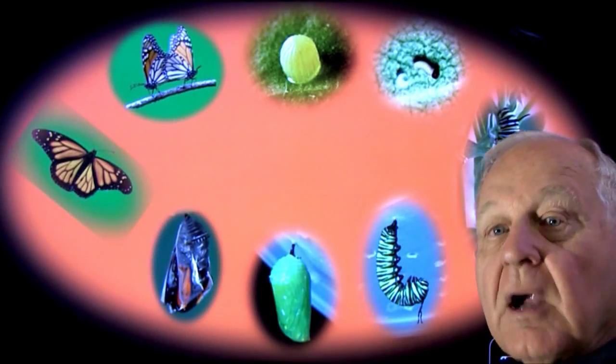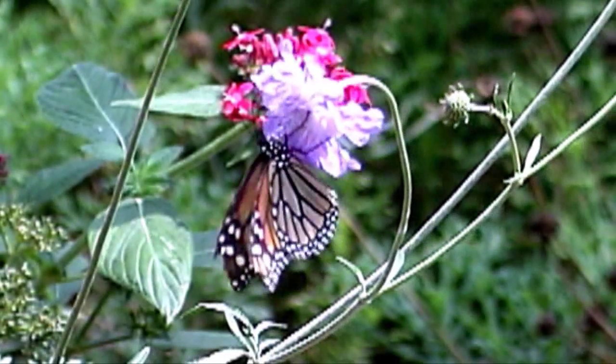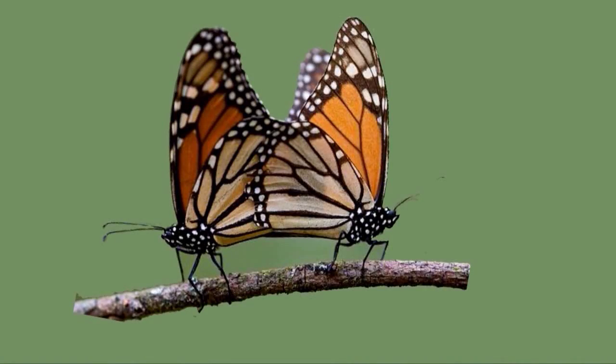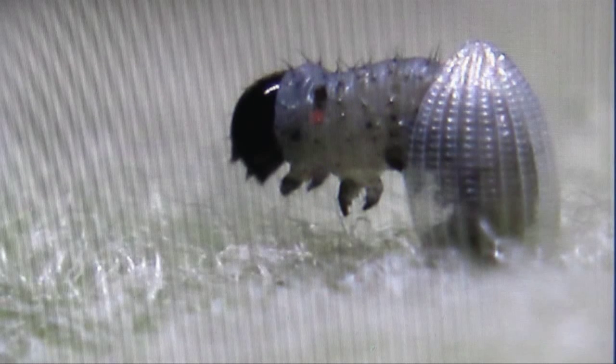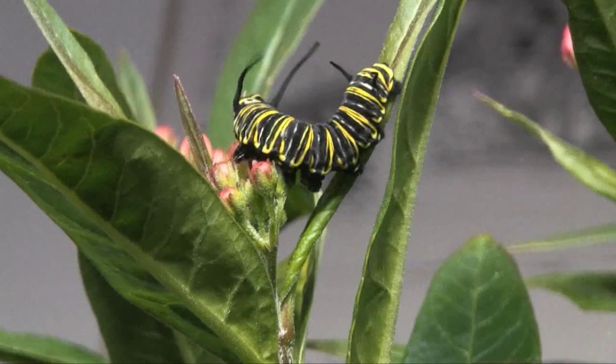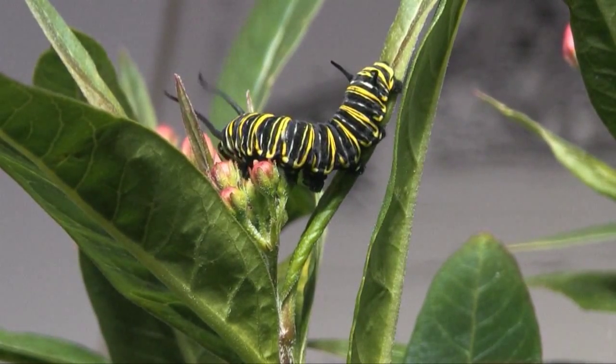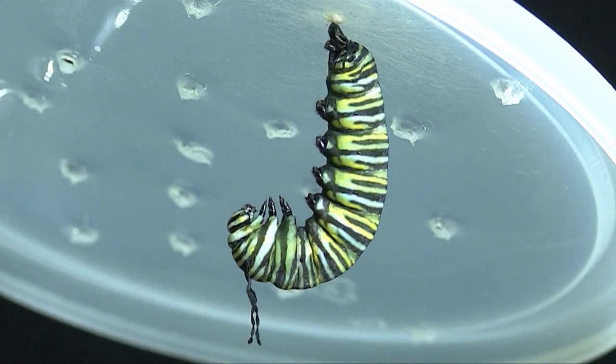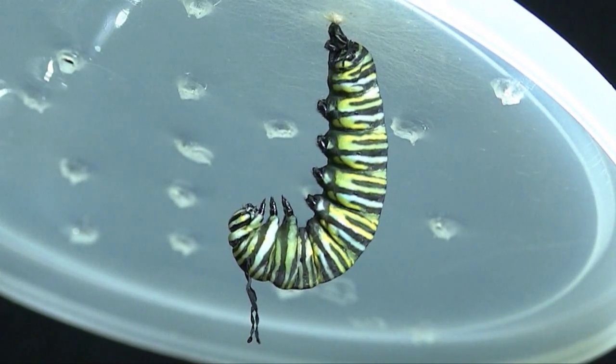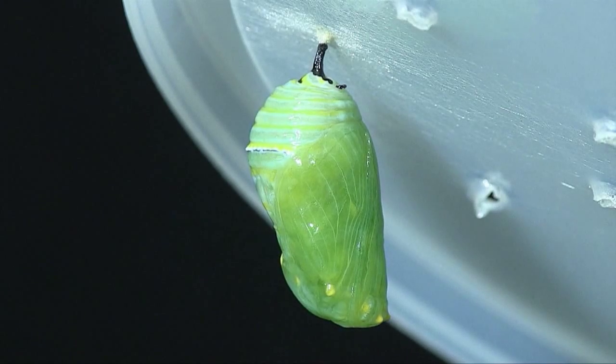The life cycle of the monarch butterfly starts with the adult. They mate, eggs are laid, a little tiny caterpillar emerges and munches for a week or so, becomes a big caterpillar. Near the end of the larval stage, it turns into a chrysalis.